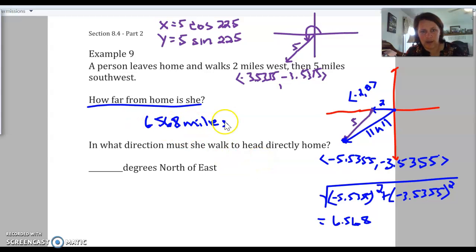Okay, so we've got how far away from home is she? And now we need to know in what direction she must walk to head directly home. So that is going to be this angle right here because we want to know how many degrees north of east does she need to start walking.